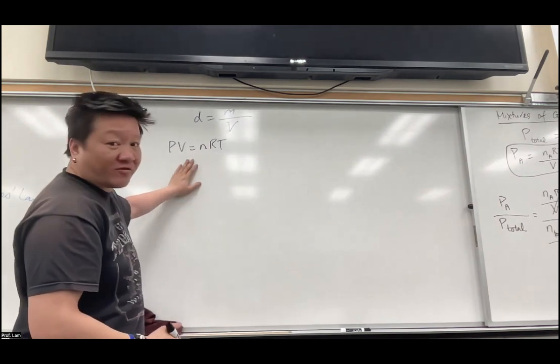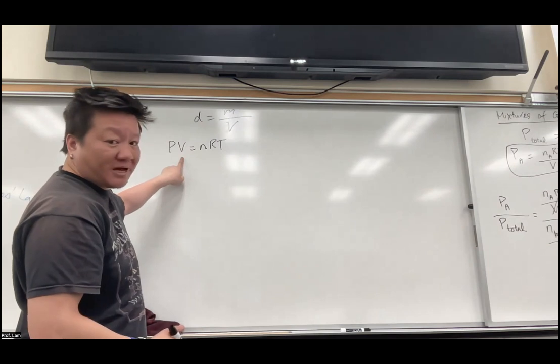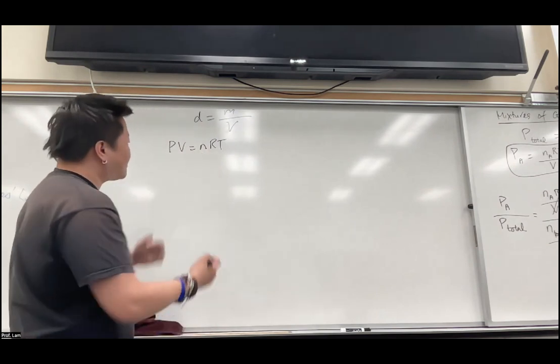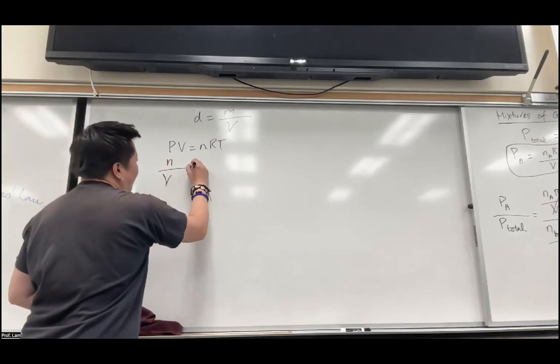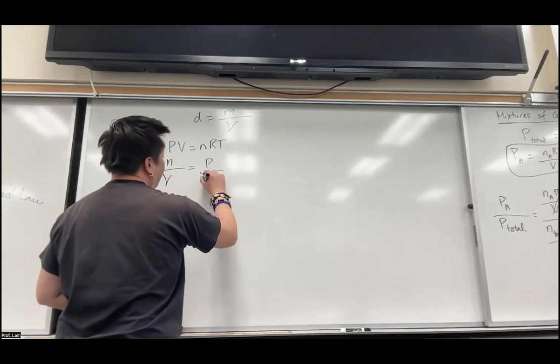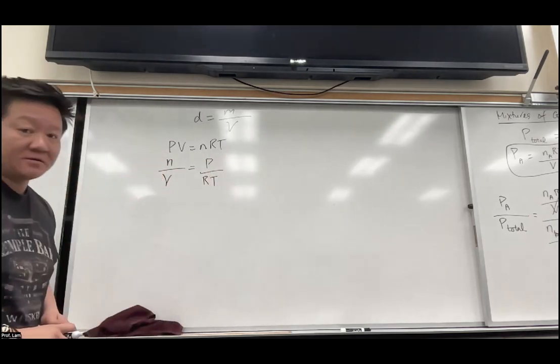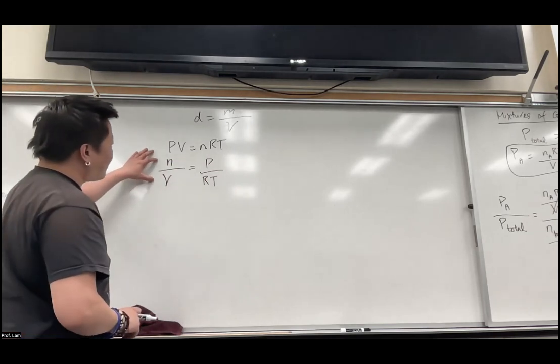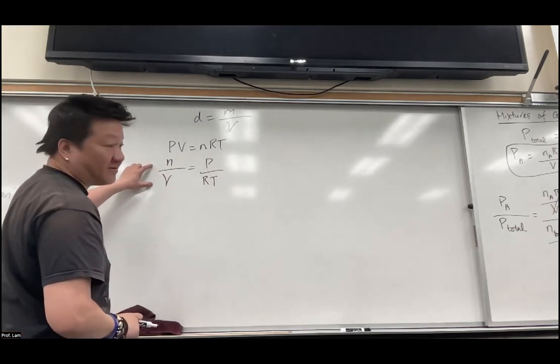It's not a mass over volume, but I do see a volume. I don't see a mass, but I see something that relates to mass, which is moles. So let's solve for that. Solve for n over V. n over V is P over RT. And now I have to figure out how to get m over V on the left side.